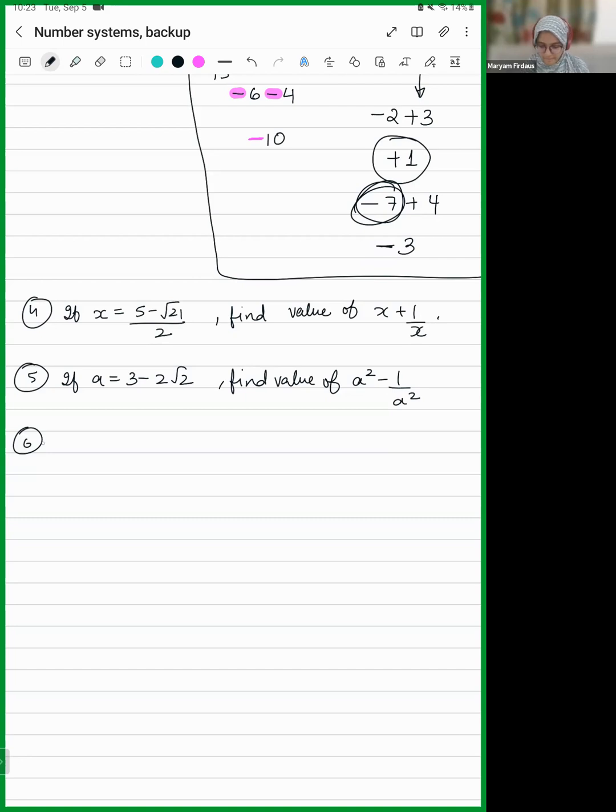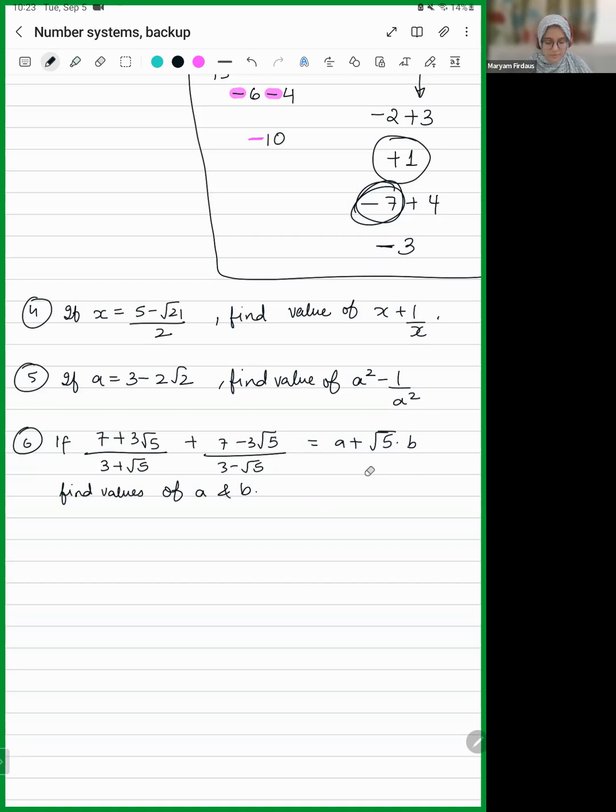If 7 plus 3 root 5 by 3 plus root 5 plus 7 minus 3 root 5 by 3 minus root 5 is equal to a plus root 5 into b, find the values of a and b. This type of questions come very often.